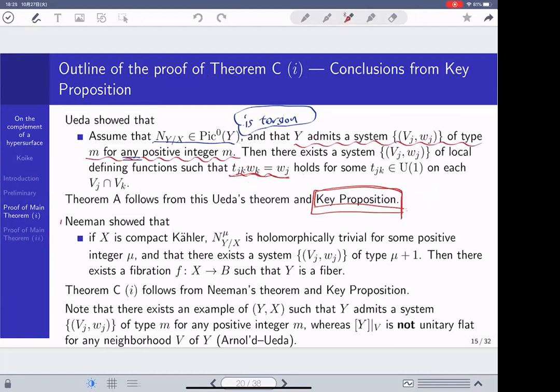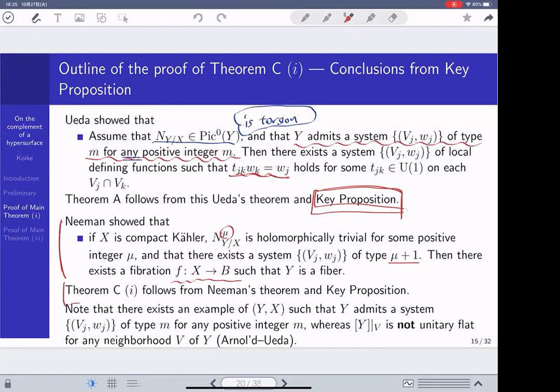Next, Neeman showed in his book that if X is compact, and there exists some positive integer mu such that the normal bundle tensor mu times is holomorphically trivial, and there exists a system of type mu plus 1, then X admits a fibration f from X to B such that Y is a fiber.